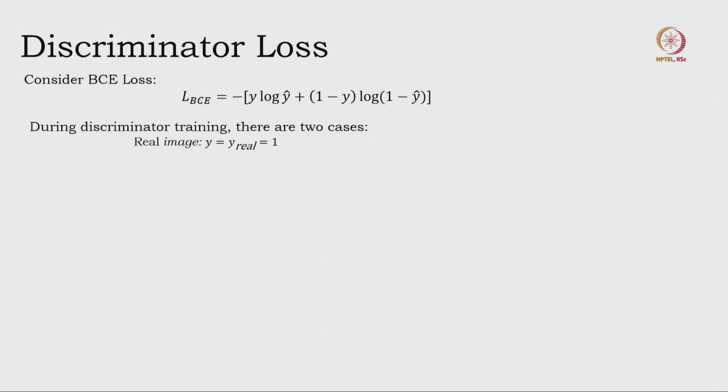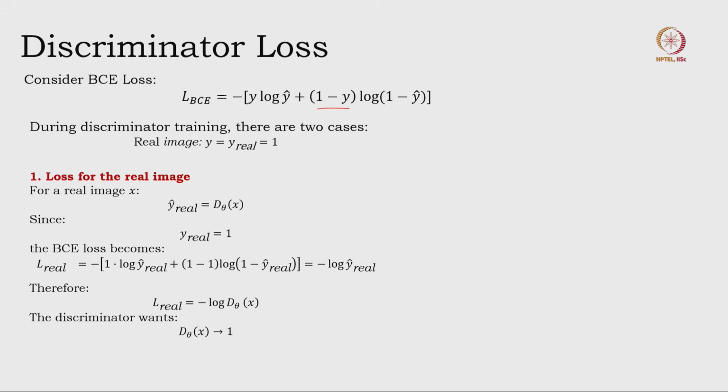The ground truth should be equal to 1. Just go back to the formula and substitute. When y is 1, 1 minus 1 becomes 0, so this entire term is not there. We are left with minus 1 into log y hat. We are left with only that.